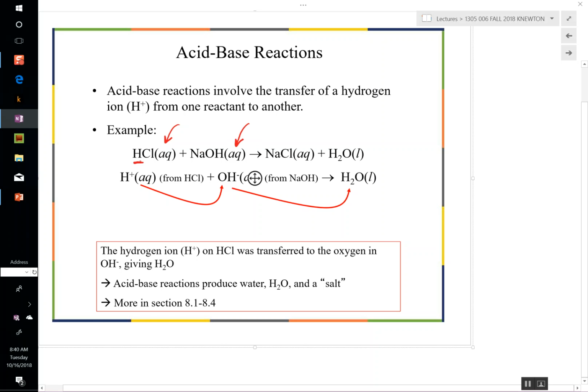This is the acidic portion of the HCl. This is the basic portion of the sodium hydroxide. And you can see we're forming this salt, sodium chloride, and water. What is H2O? It's two H's and an O. So this H plus an OH minus makes water.